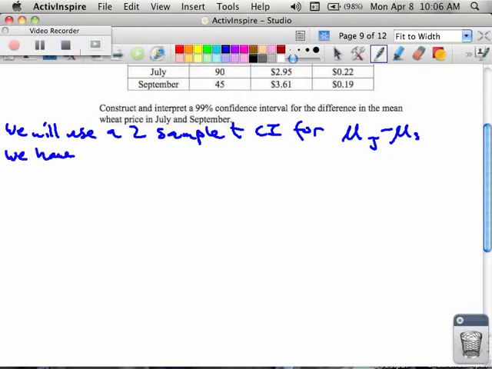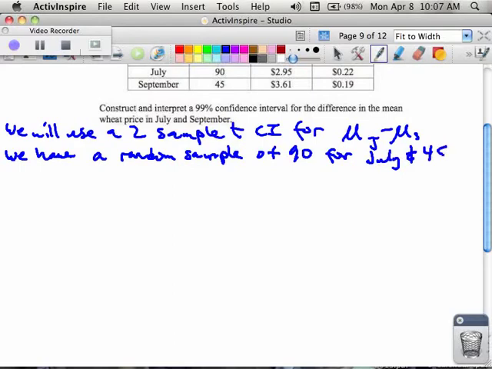We have a random sample of 90 for July and 45 for September.